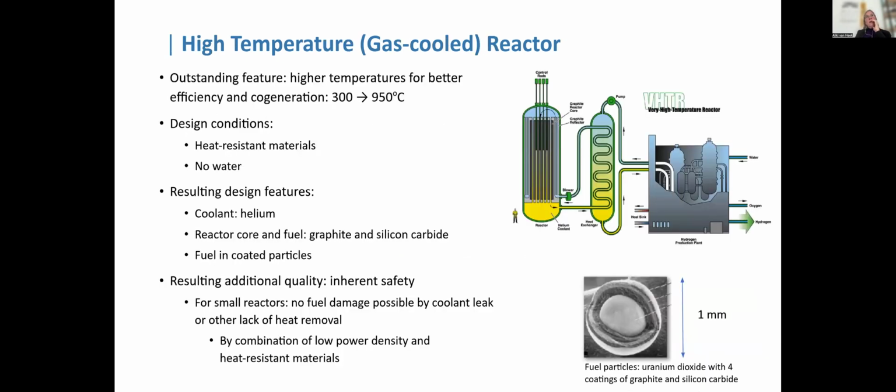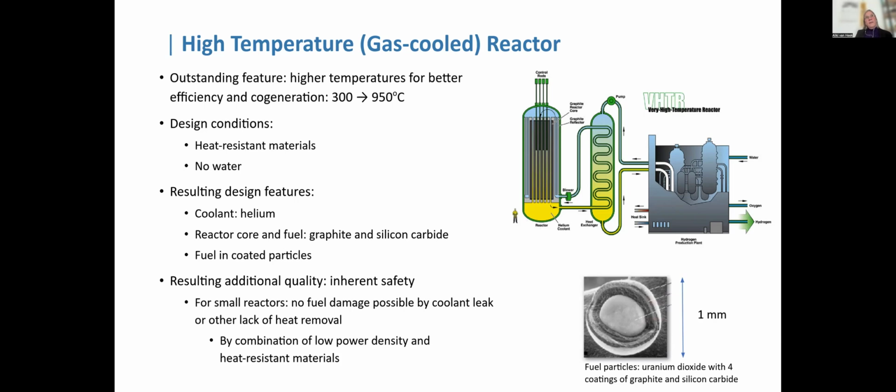So first one, the high temperature reactor, also called high temperature gas-cooled reactor. The outstanding feature here is that you have higher temperatures for better efficiency and for cogeneration. It goes from around 300 degrees up to 950 degrees. But then you have some design conditions. You need heat-resistant materials, and we can't have water in the core.